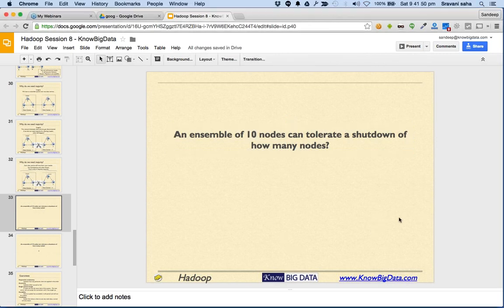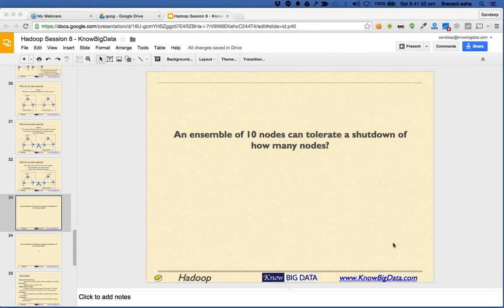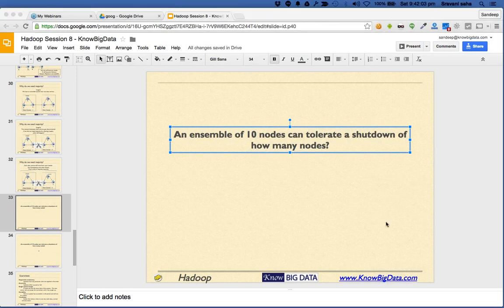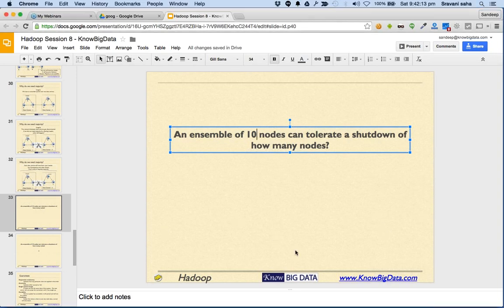Correct. 4 nodes. And 100 nodes? Anybody? If it had been 100? Correct. 49. Awesome. So everybody is now clear.